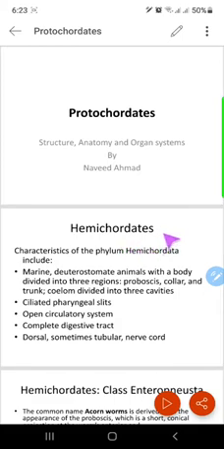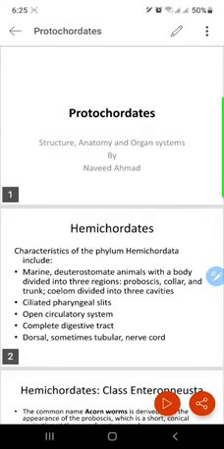This is not a very big phylum of animals. Mainly they are marine deuterostomes. I think you have already known about the deuterostomes.